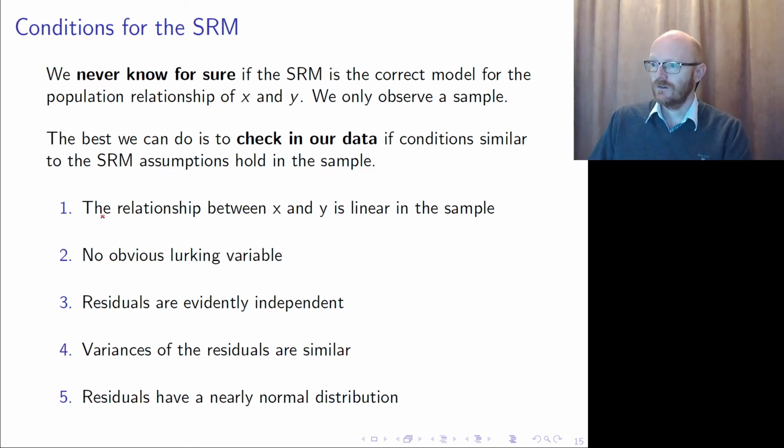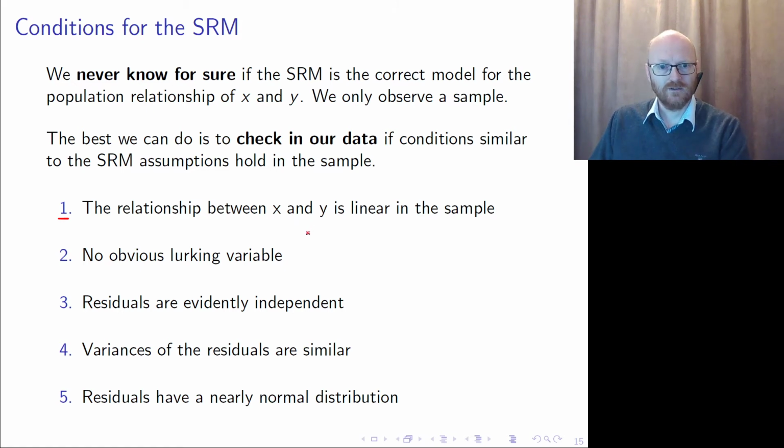For example, you can look at condition 1 and look for linearity in x and y, and you can scatter plot x versus y, or y versus x, and look for a linear pattern. If you discover non-linearity, then you can make a transformation of one or both of the variables and try to make the relationship linear.